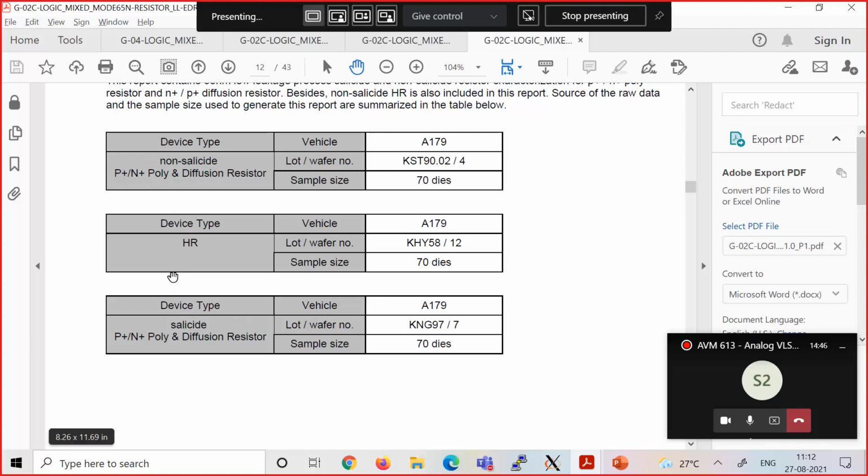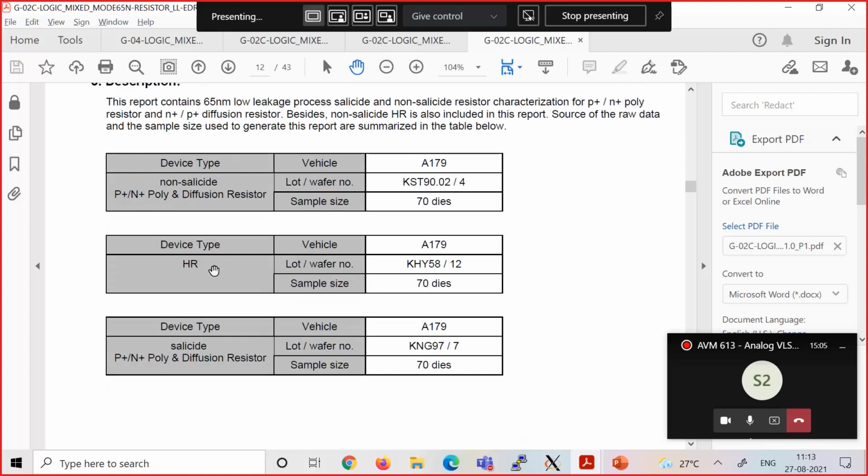I really don't know what it is, but these are different offerings. We don't go deep into how they do these things, but these are all the things that are available. There is also a special high resistance material, which gives you a higher resistivity. Depending on the value of resistance that you need, you will pick up one of these.